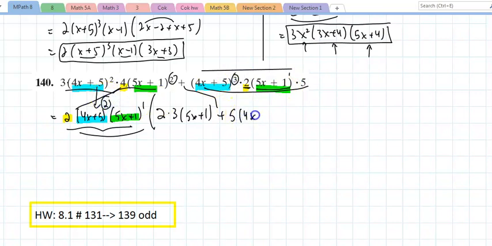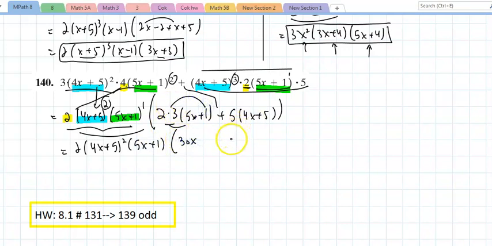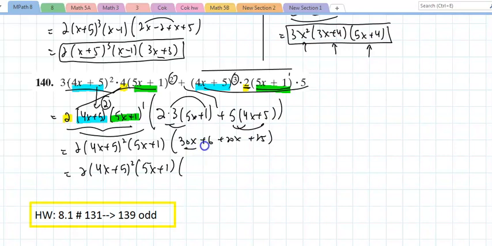I'll have 1 left. 2, (4x plus 5) squared, (5x plus 1), 6 times 5x is 30x, 6 times 1 is 6, 20x plus 25, so a 2, (4x plus 5) squared, (5x plus 1), (50x plus 31). And there it is.